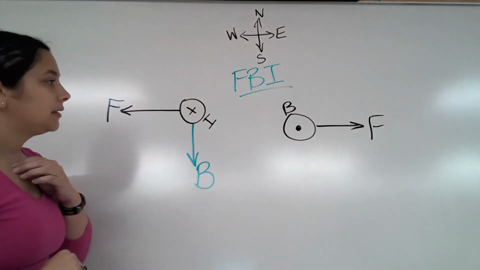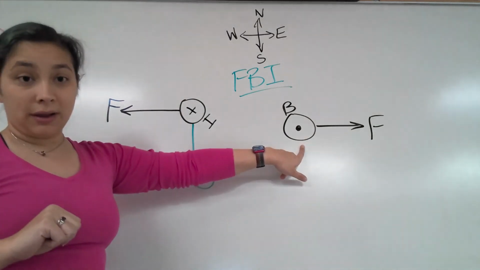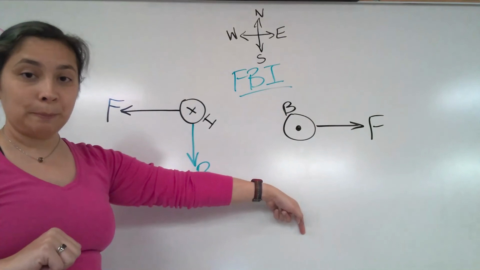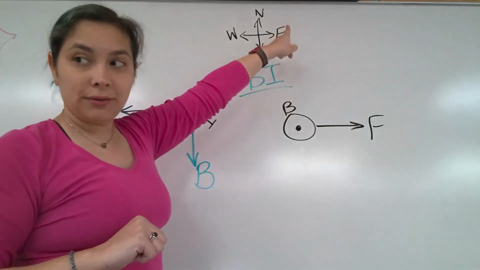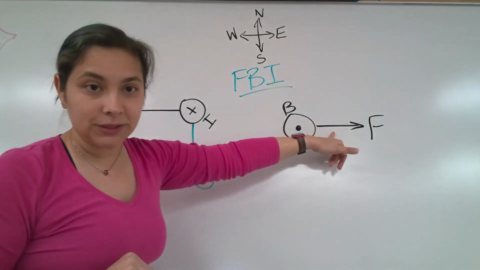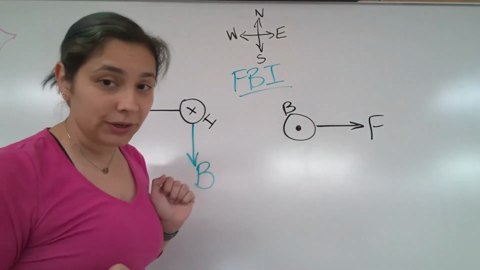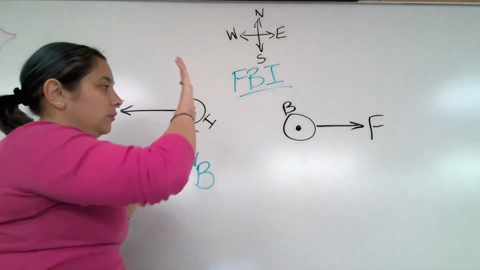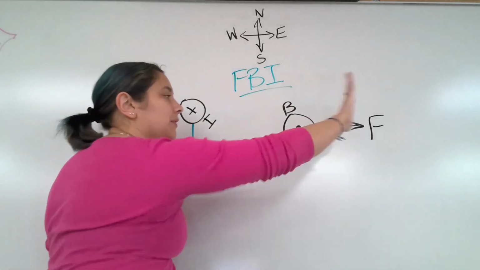All right. So that means our answer here is either going to be south or north, because it has to make a right angle with this force arrow. And see which one it is. Okay, here we go. Right-hand rule. We need force to go this way.